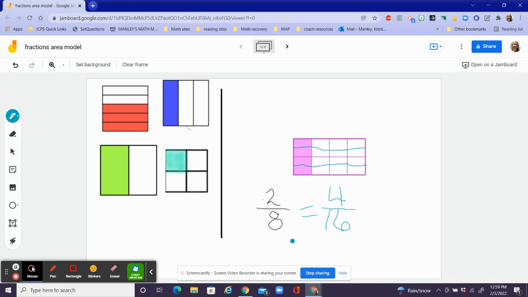Write the fraction that matches what you colored in. Now, in that exact same area model that you just did and that you just labeled, I want you to partition it differently. Still focus in on the same part that you colored. And what is that new fraction? I want to see if you can find an equivalent fraction using an area model.